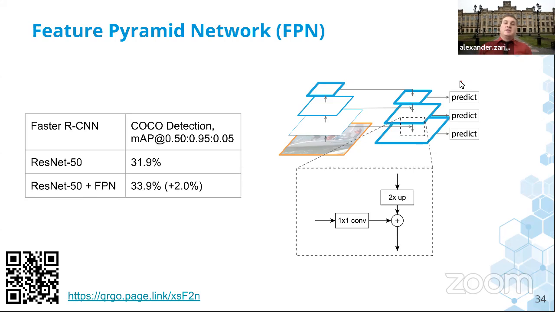FPN adds a moderate overhead to modern object detection models, while increasing their performance by 2% on the COCO dataset. And this 2% mostly comes from detecting small objects that are smaller than 32 by 32 pixels.